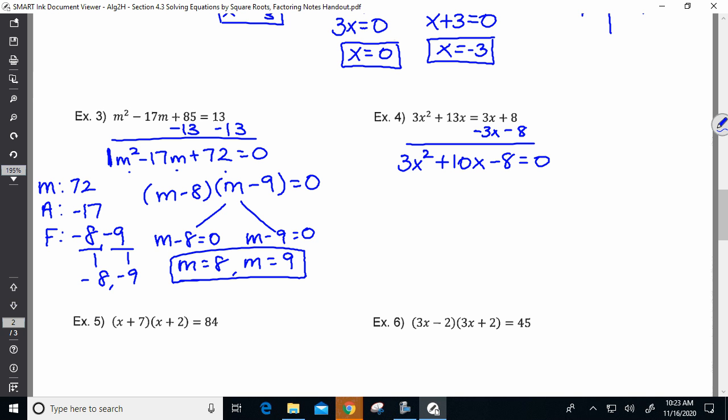This is still an MAF problem though. You have 3 terms. So you have to find 2 numbers that multiply to negative 24 and add up to positive 10. There's only 2 numbers that are going to work. Positive 12 and negative 2.